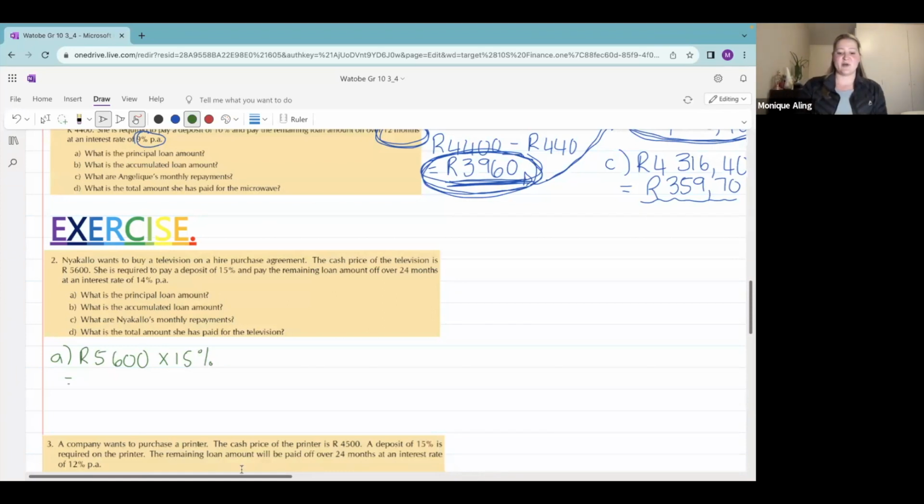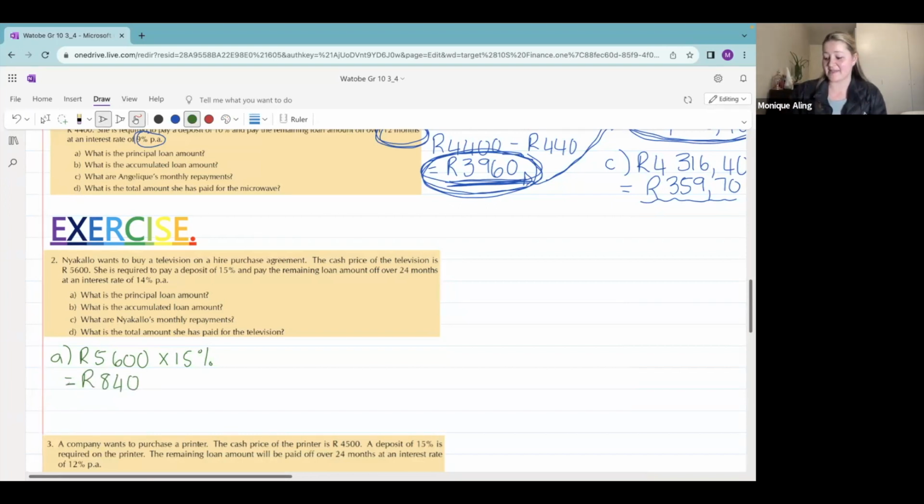So that means the deposit amount, okay. I see. Thank you. 840 Rand is how much she needs to pay up front.